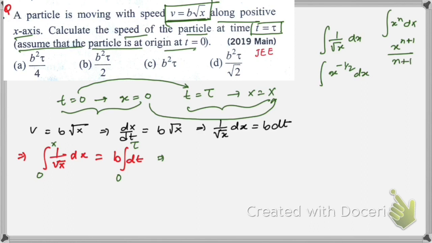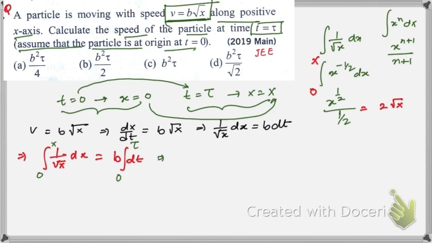So x to the power minus half plus 1 is x to the power plus half, divided by minus half plus 1, which gives x to the power half divided by half. Then we have limits from 0 to x, so this is going to be nothing but 2 root x.